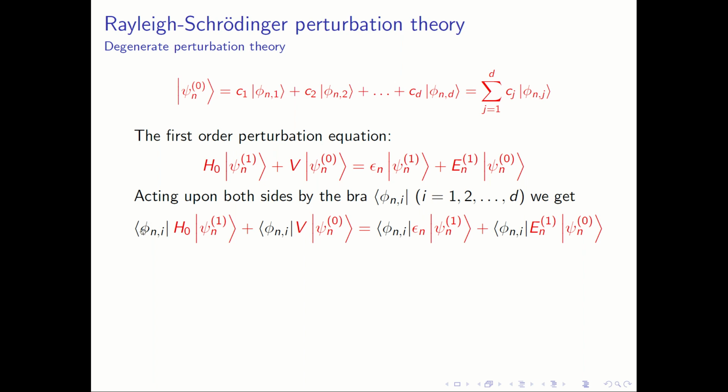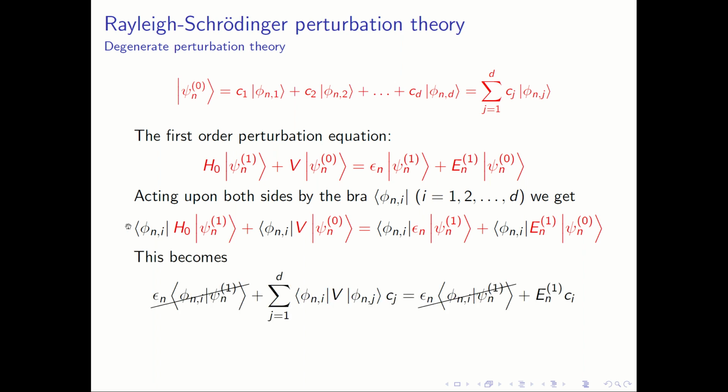So when the operator H0 acts on the bra phi n i from the right, you essentially get the same factor epsilon n out. Of course, you should really get the conjugate of epsilon n out, but epsilon n, as you all know, is real, being the eigenvalue of a Hermitian H0.